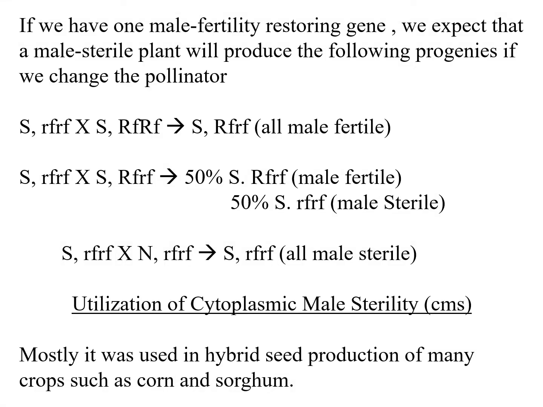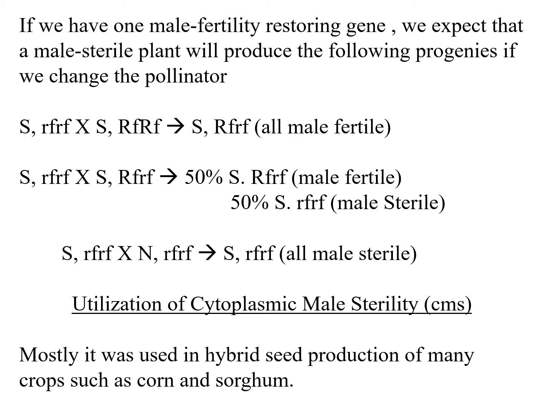Now let us assume that we have one male fertile restoring gene, and what are the expected progenies to be produced if we cross it with different pollinators. For example, if we have S RF small, RF small, the same mother, and we cross it with RF capital, we are expecting to have heterozygous RF capital, RF small, all fertile.